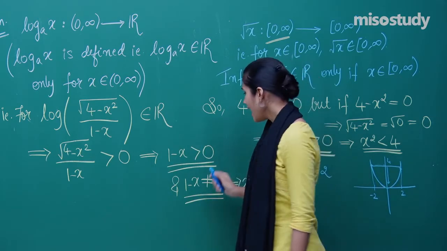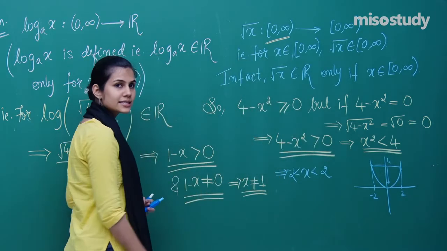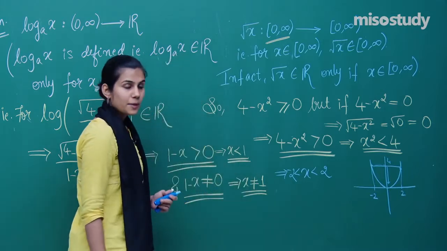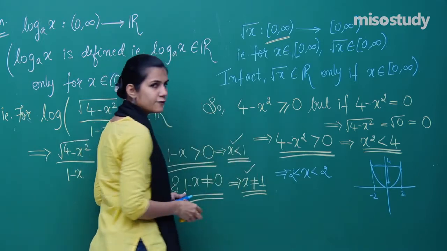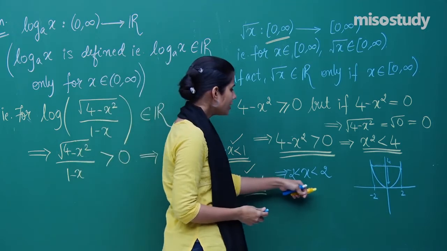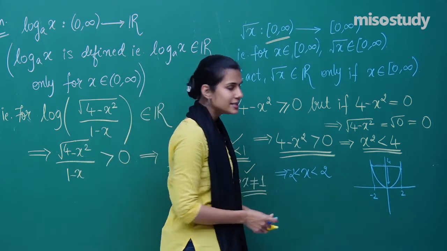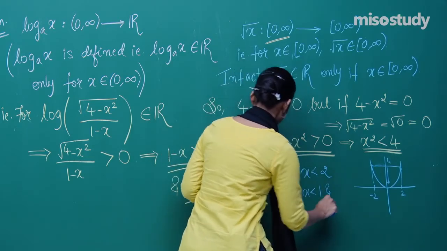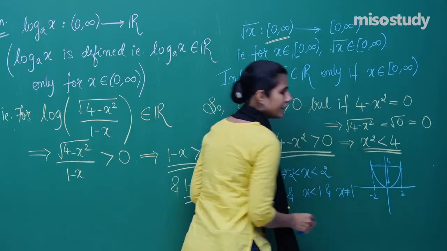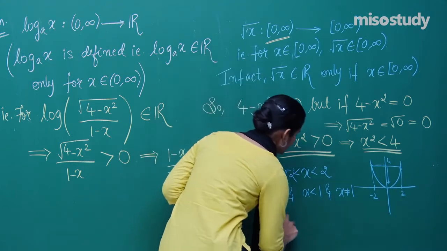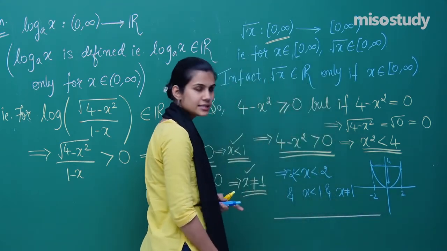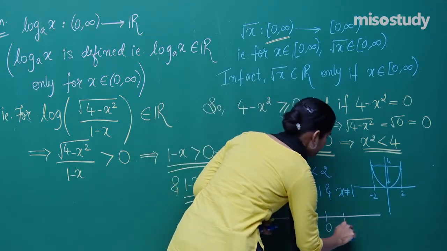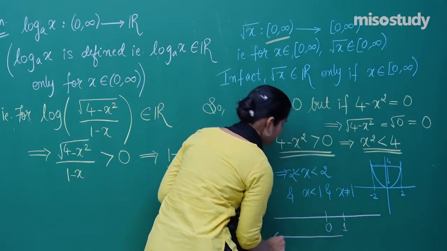That is what I know, and also I know that 1 minus x is strictly greater than 0, which implies x is strictly less than 1. That means I have this rule and this rule left to be imposed. So not just x is greater than minus 2 and less than 2, but it is also true that x is less than 1 and x is not equal to 1. So if on the real line I try and plot these x's, I get that my x is less than 1, which means towards here.